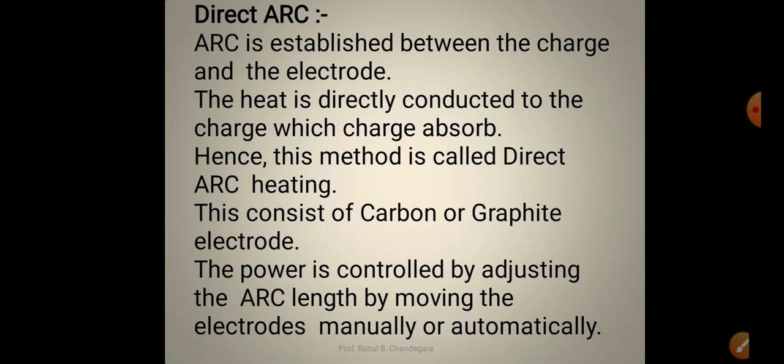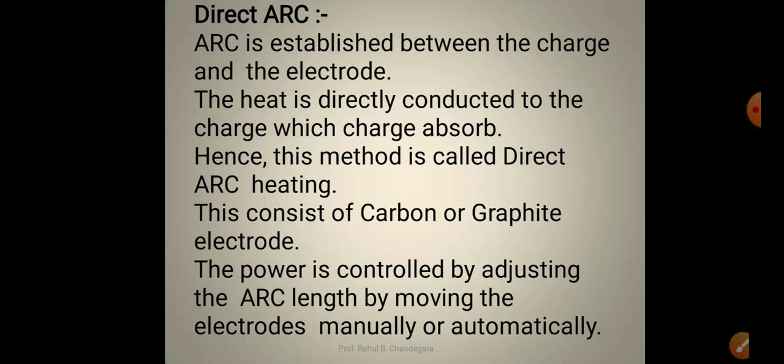In this method, the arc is produced between the charge and the electrode: the small air gap between electrode and charge generates a spark in the air, that we call a direct arc. This consists of a carbon or graphite electrode. Depending on the type of electrode, the temperature generated in this method varies.